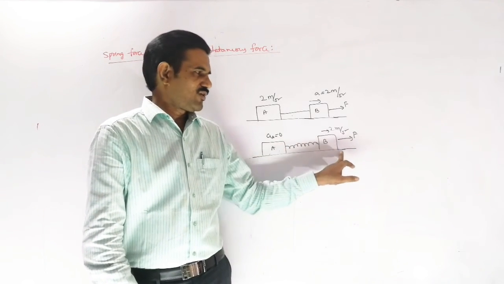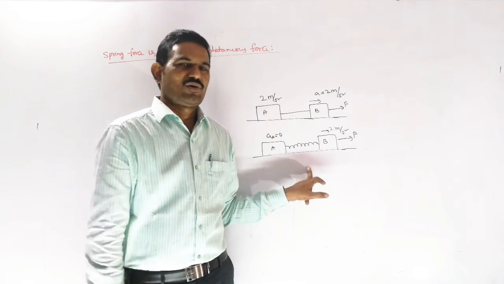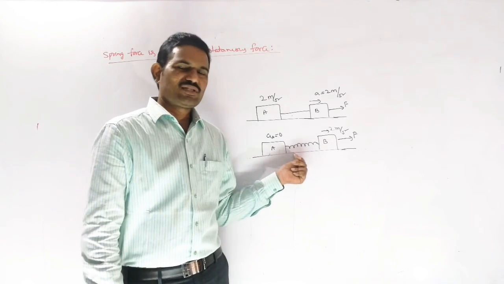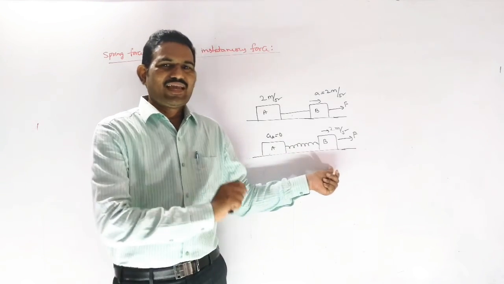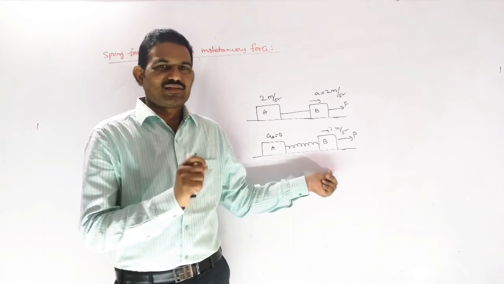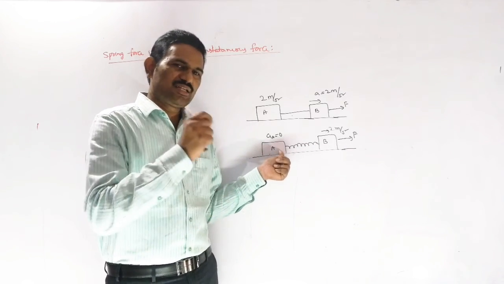Suddenly if you apply this force, the spring force does not change instantaneously, because spring force is initially 0. If you make any changes in the system, the spring force does not change instantaneously. Is it clear? The spring force acting on this block will still be 0 even if you apply this force.